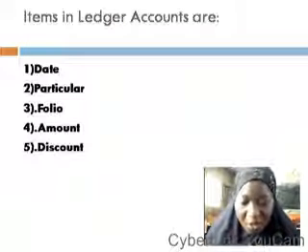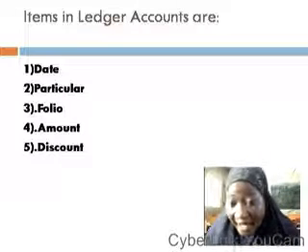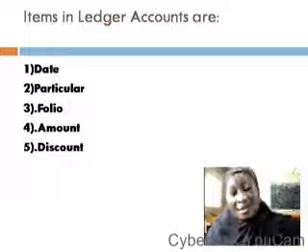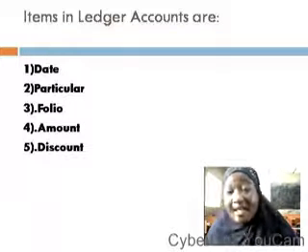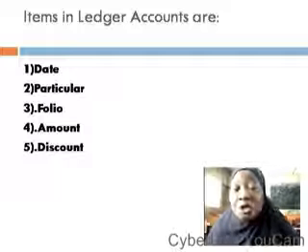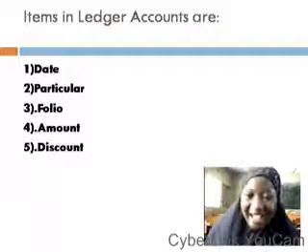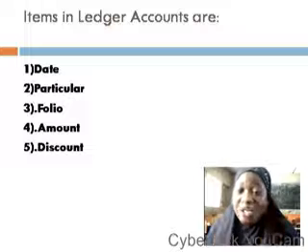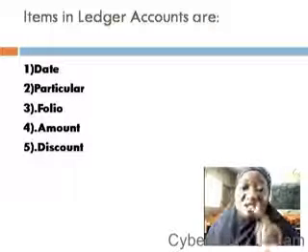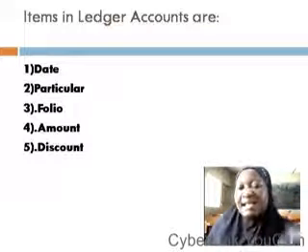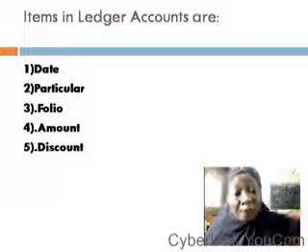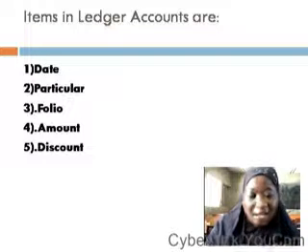Maybe they bought something, or they bought biscuit of so much amount. Then you transfer it from the journal to the ledger account. Let me simply say folio refers to the journal number. So that if you are cross-checking your ledger account, you will be able to realize that this item was transferred from this journal number.